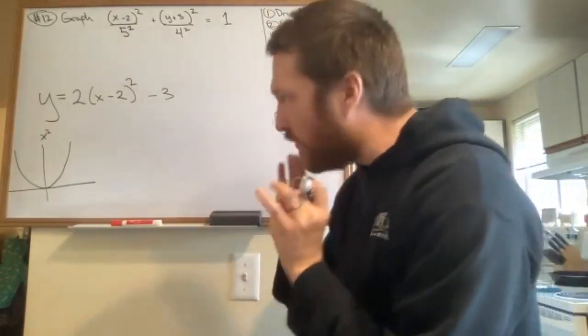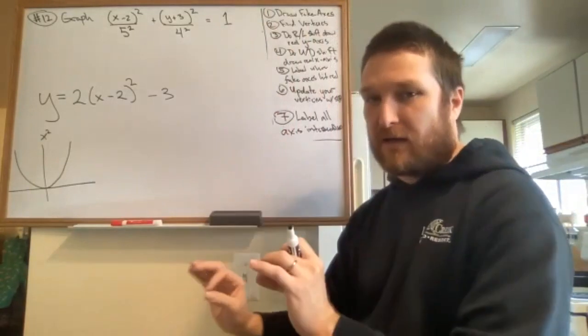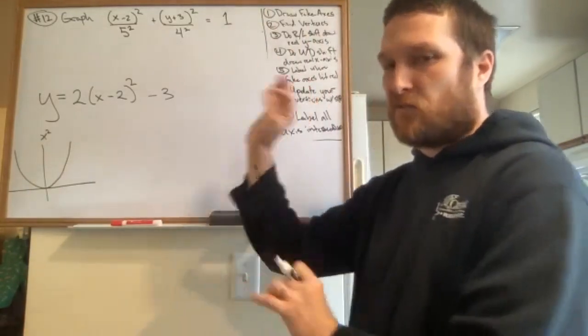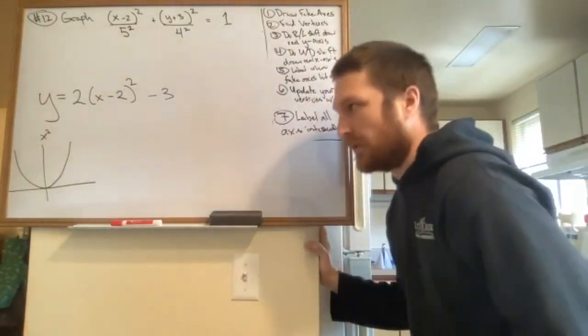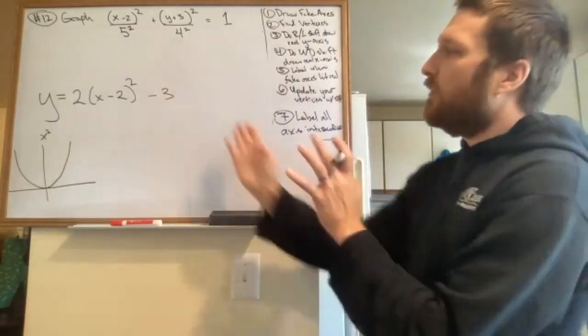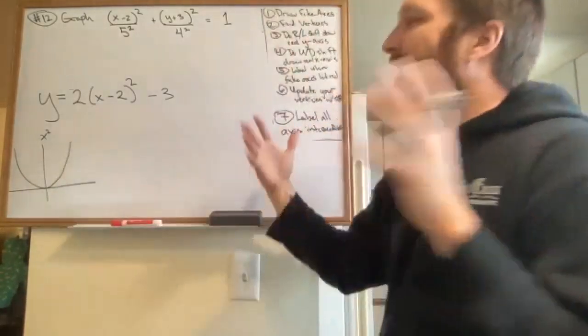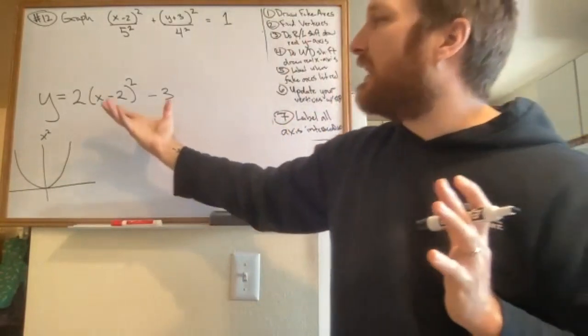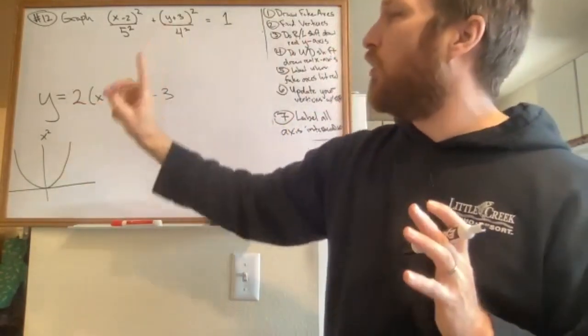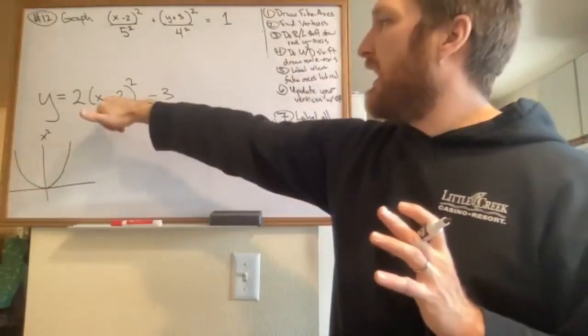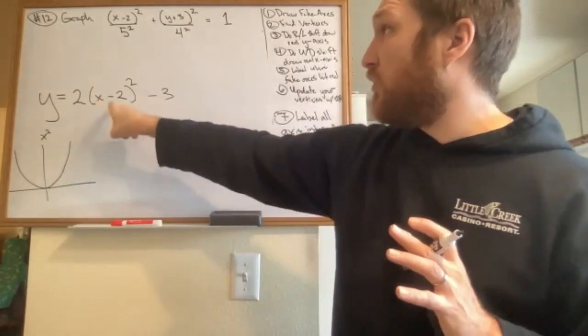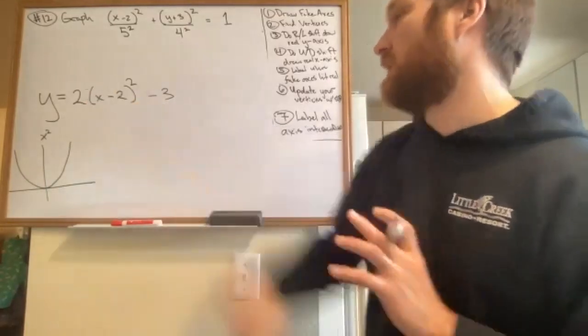We don't have an input-output relationship anymore, so things are going to get a little weird. But let's just go through this reasoning real quick, and then we'll see how this relates to the new way of doing things. So we say, well, this thing is a parabola. It is very much like x squared. It's just as though you took x squared and you first shifted it to the right 2 units.